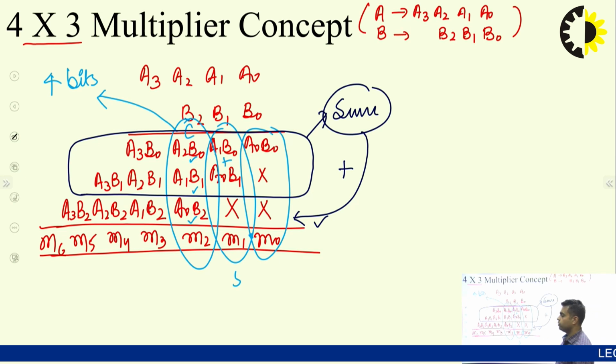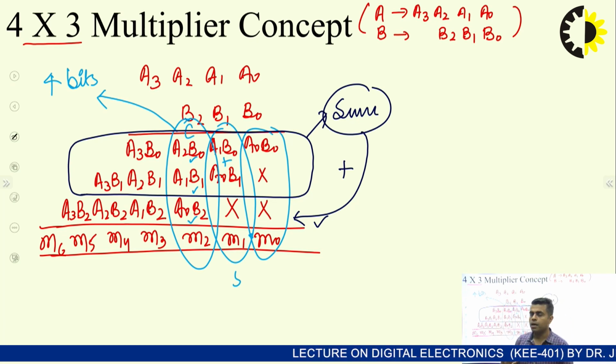That means we will be requiring two-stage addition, because we have a limitation. What limitation is there? I can't add more than 3 numbers at a time. So in any case, these four numbers can't be added.